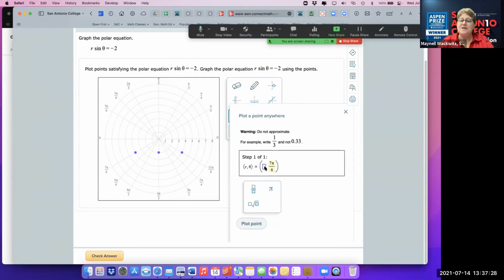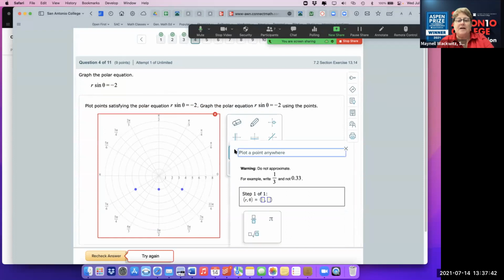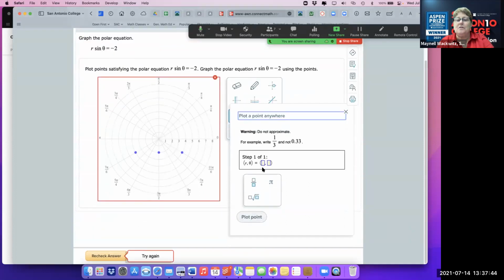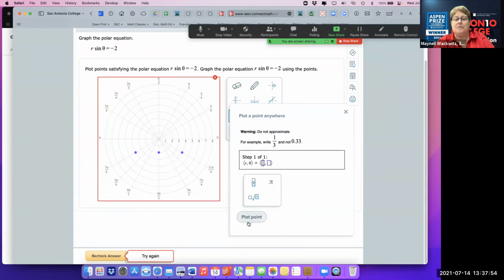All right, and times -2, we'll find the reciprocal of -1/2 times -2. What is it? I'm not wanting you to check my answer. I'm just plotting points. Oh, I see. I pressed the wrong thing. All right, 7 pi over 6 is 4. I checked the wrong button.